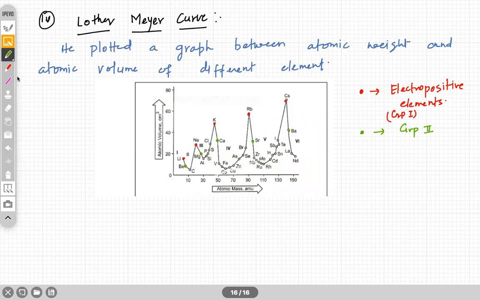Metalloids and the transition metals occupy the bottom part of the curve. You see the metalloids and transition elements on the bottom part. Vanadium, cobalt, copper, zinc. This side you see metalloids and transition elements occupy the bottom parts of the curve, right?